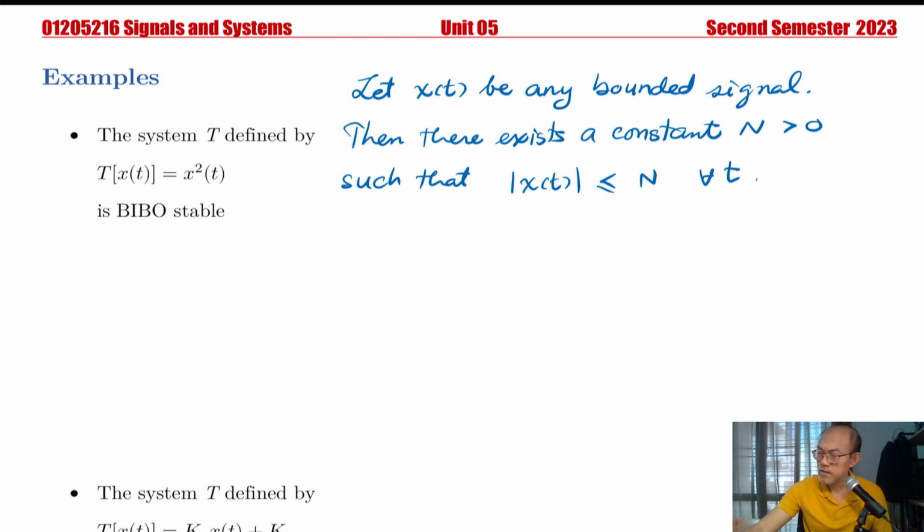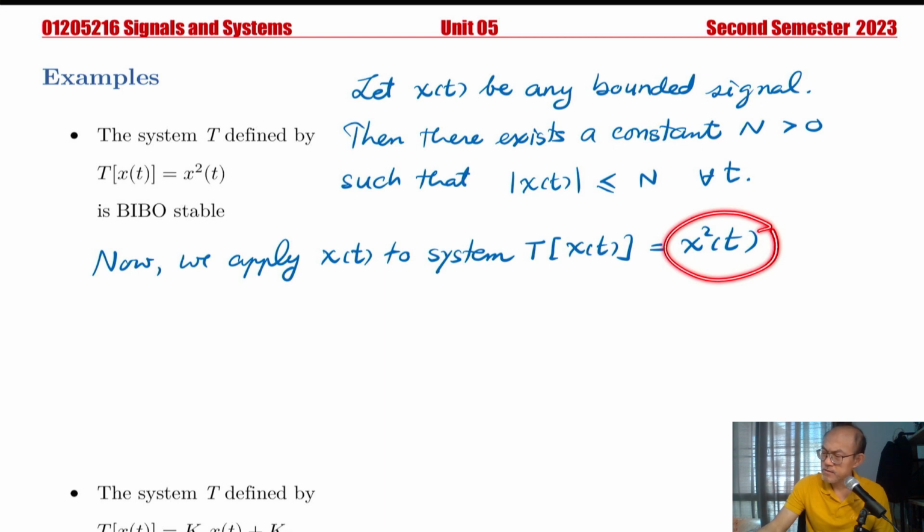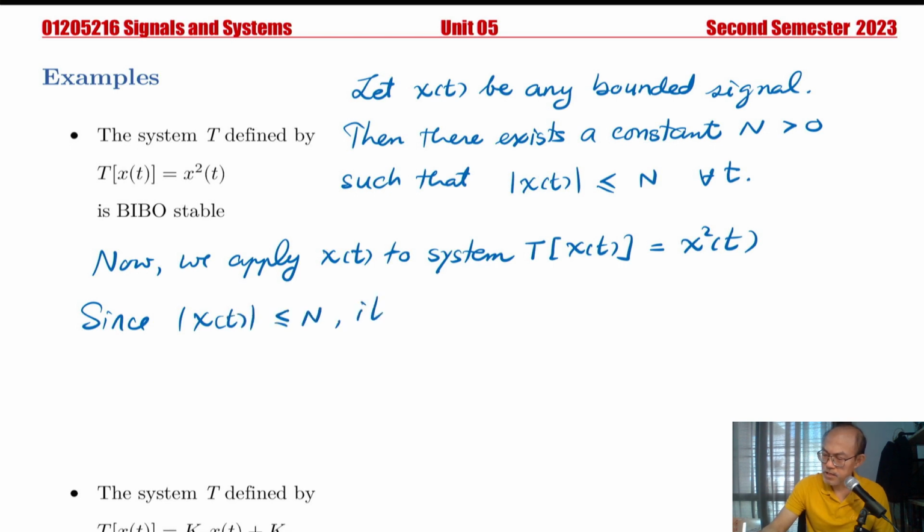Now we apply x to the system. Because the absolute value of x is not greater than n, it follows that if you take the square of x, the value from the square will not be greater than n squared as well.